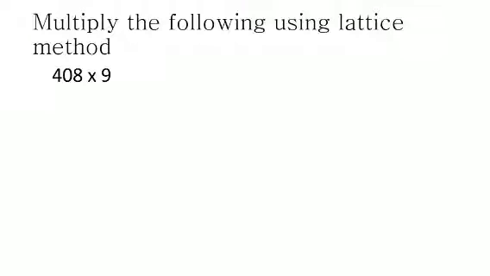Now we will solve one more example. 408 into 9. So first we will expand 408. That is 400 plus 0 plus 8. Now here only one digit, so we can't expand it. We will multiply.